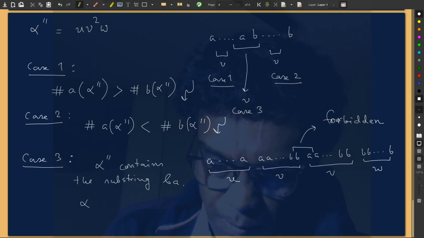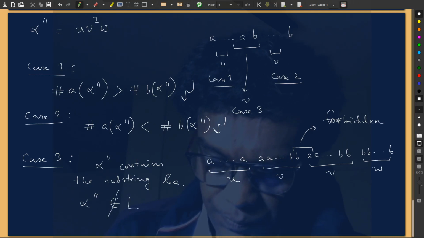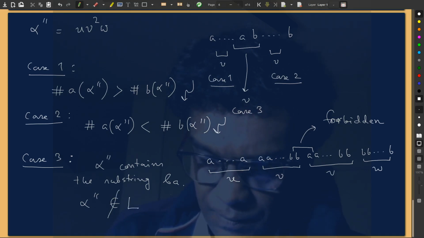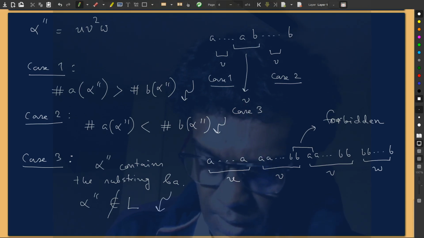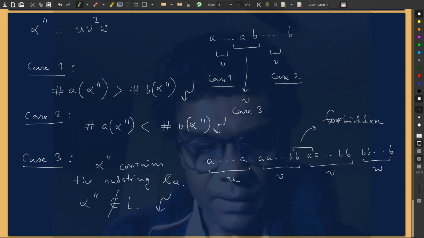Then alpha double prime is clearly not in L because no string in L contains the pattern BA, whereas my alpha double prime contains it. The machine still accepts it. So in all the three possible cases, we can arrive at contradictions.